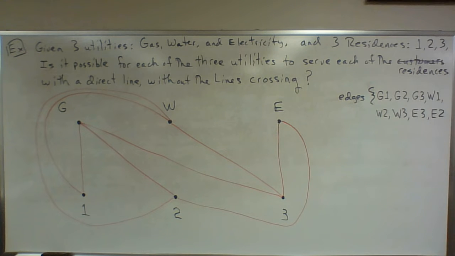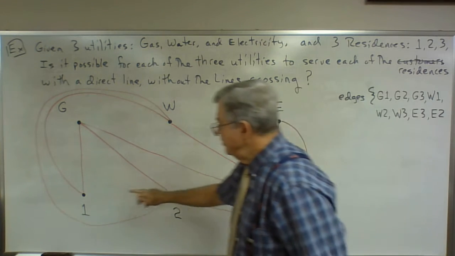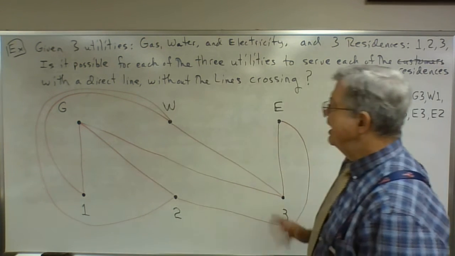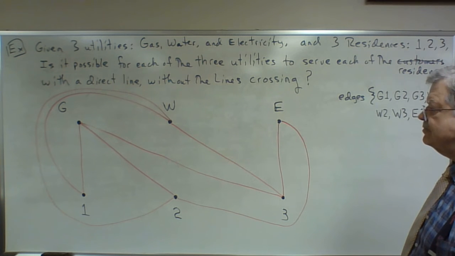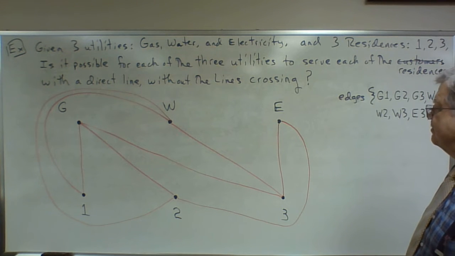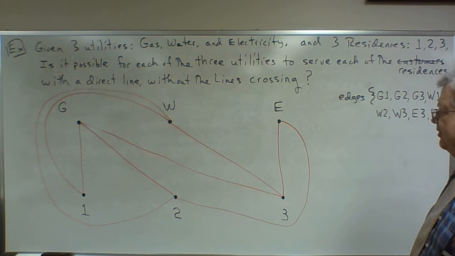Now, I want to get an edge to go from electric company to resident 1 without crossing any of the other lines. And I'll tell you what I see here.